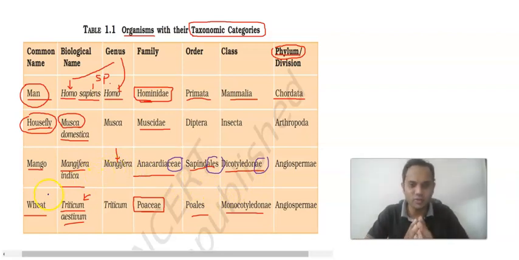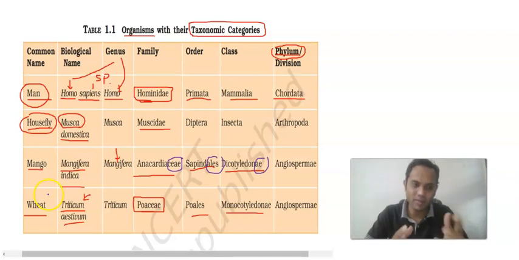In this case, what you have to do is memorize the examples. 4 examples are given: man, housefly, mango, and wheat. Man is Homo sapiens. Out of that, Homo is genus, sapiens is species. Belongs to the family Hominidae, order Primata, class Mammalia, and phylum Chordata. Housefly, name Musca domestica, belongs to the family Muscidae, then order Diptera, class Insecta, and phylum Arthropoda.